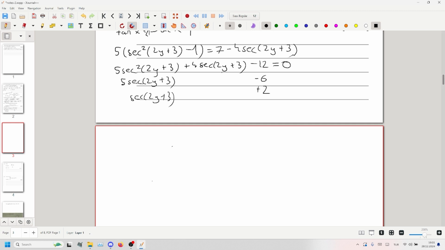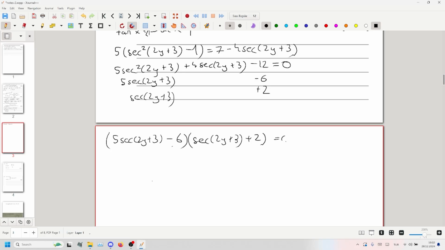Okay. Nice. So from this we get 2 equations. We get the equation that 5 secant of 2y plus 3 minus 6 multiplied by the secant of 2y plus 3 plus 2 is equal to 0.